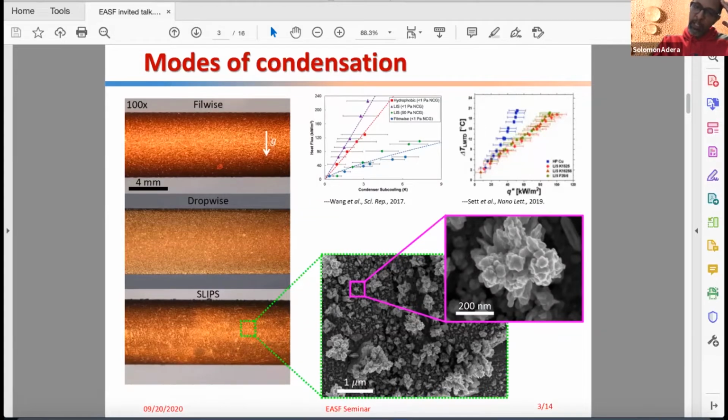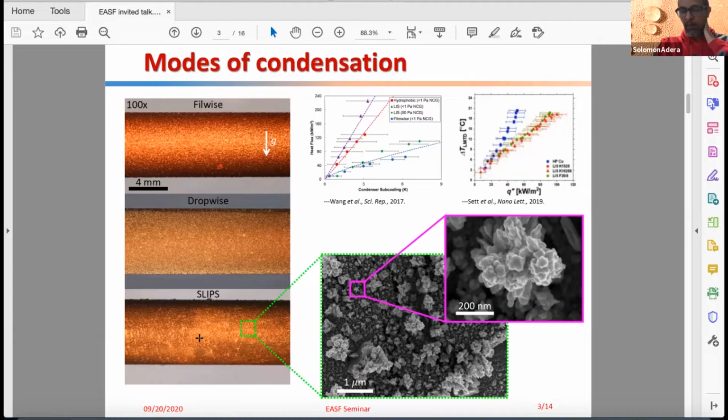One challenge is that even though the heat transfer coefficient is significantly higher compared to film-wise, and 30% higher compared to dropwise, with SLIPS condensation, when the droplets shed, they deplete the oil, and the lifetime of these surfaces is relatively small.